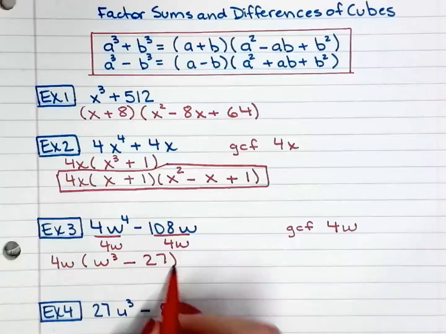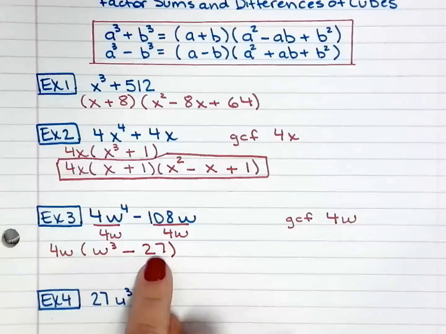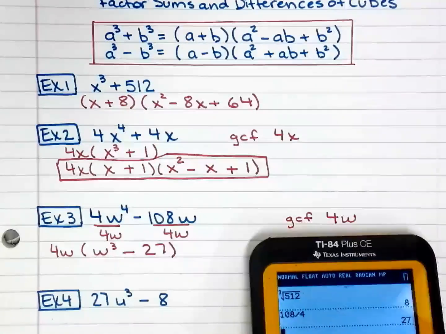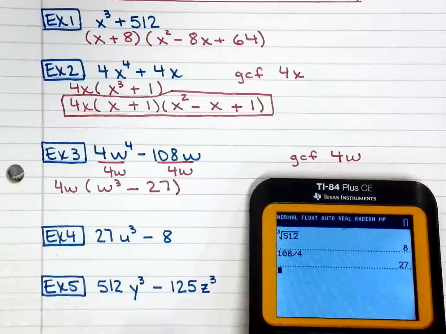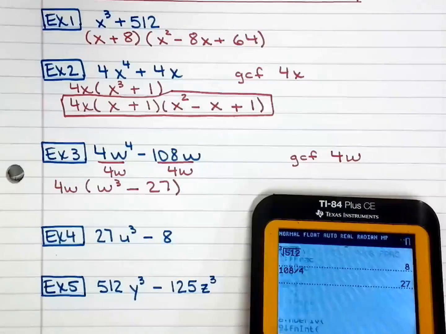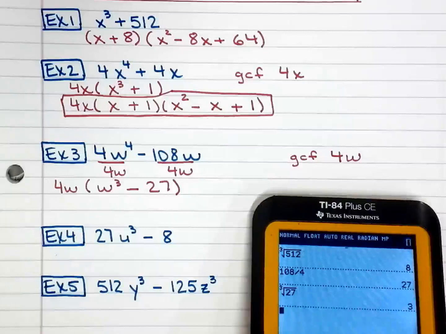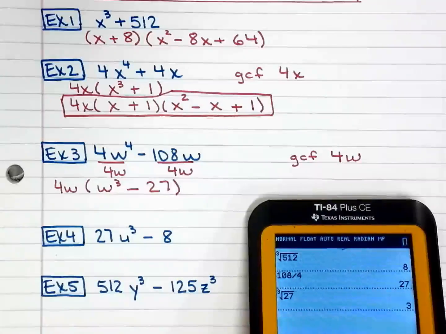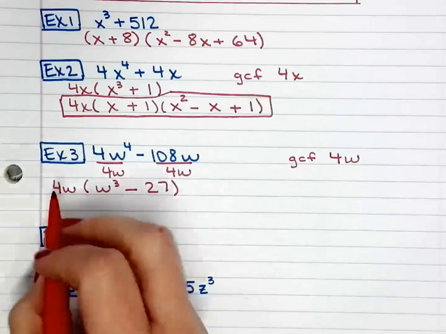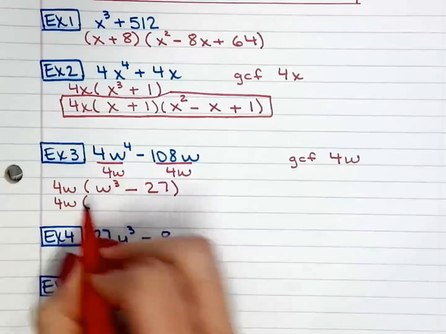I have 27. Now, I know 27 is a perfect cube. If you don't, you should have a couple of them memorized so you can pick out the perfect cubes, or write yourself a little list. That's good to have. So cube root of 27 is 3. So 4w.